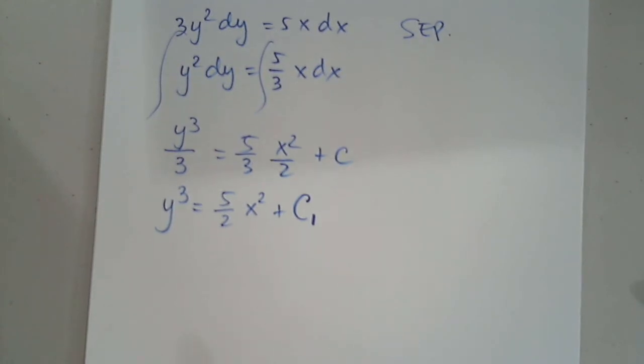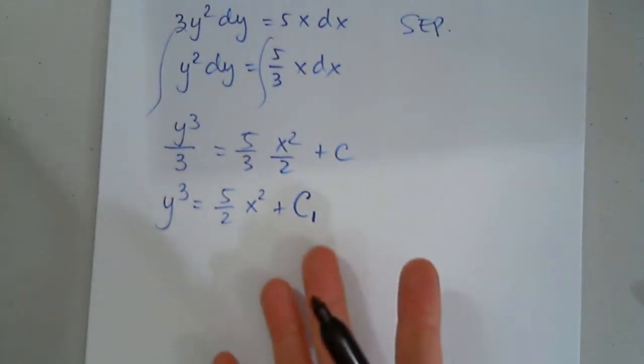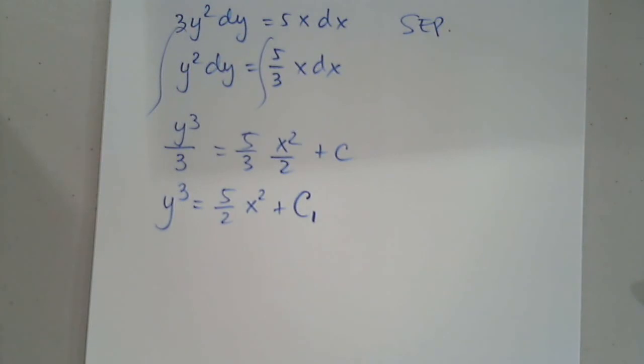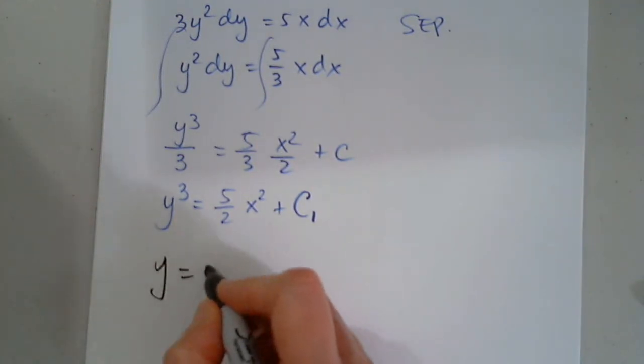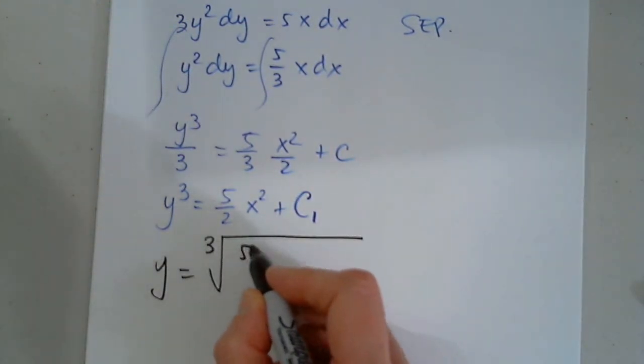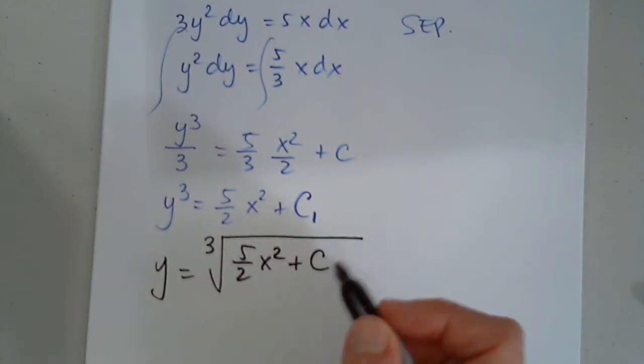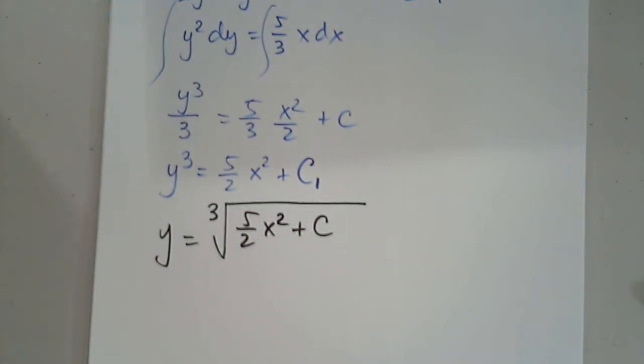And now I take the cube root. We're not given a condition. This problem does not give an initial condition, so we're asked to determine the general solution. So then y will be the cube root of 5/2 x squared plus c or c1, it doesn't matter how you want to call it. Very good pick.